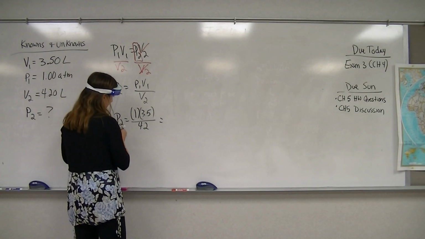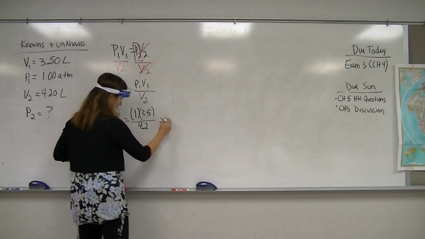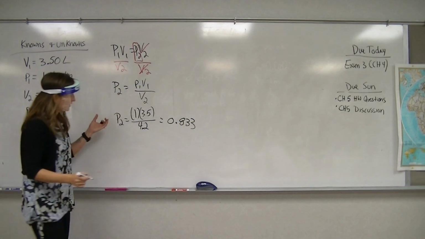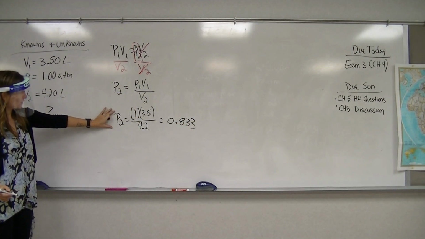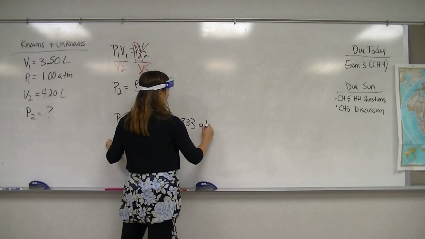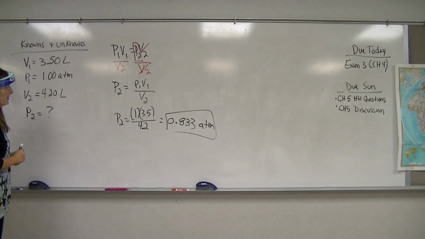How many sig figs are we looking at in this one? I think it was 3. Yes. So 0.833. Now for the units, it's pressure, and it was an ATM. 0.833 ATM.